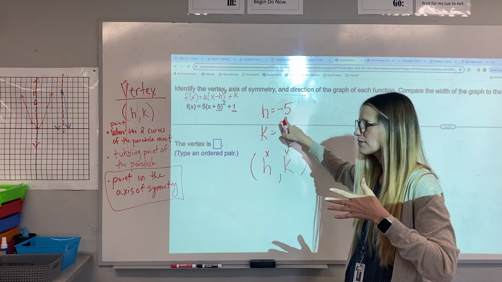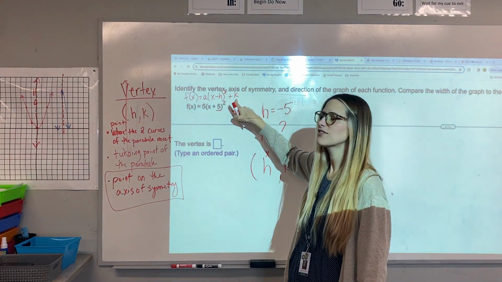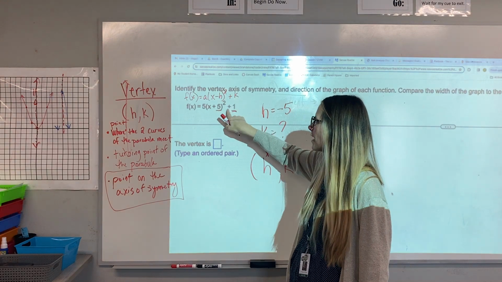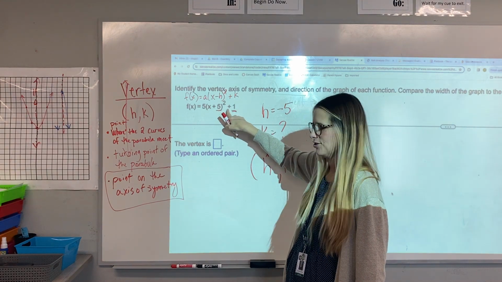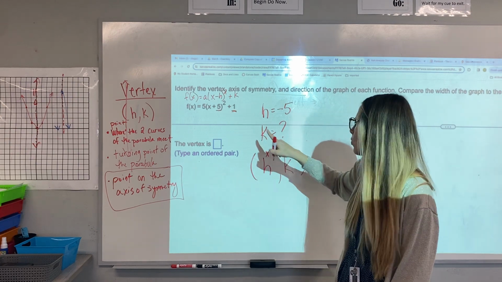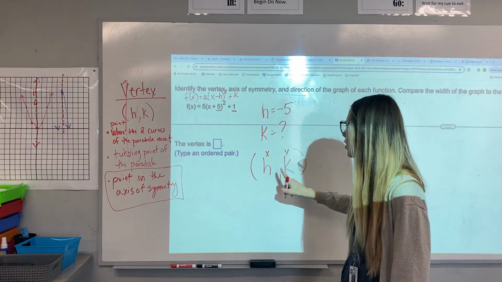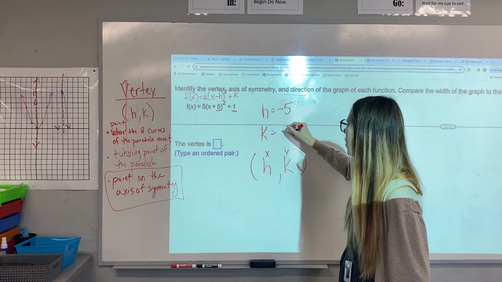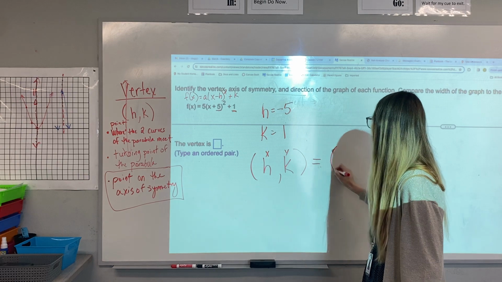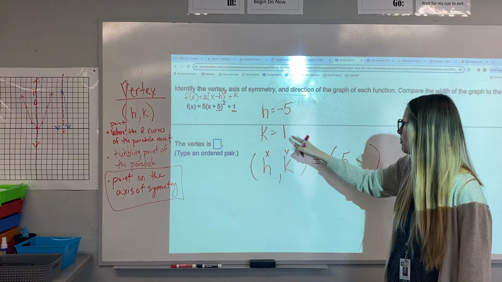Now the k, I say that k stands for keep that sign, which makes the k coordinate part really easy. So if it says +1, it's +1. So when we put it as a coordinate pair, we have (-5, 1).